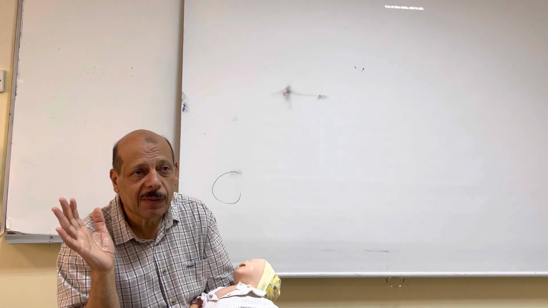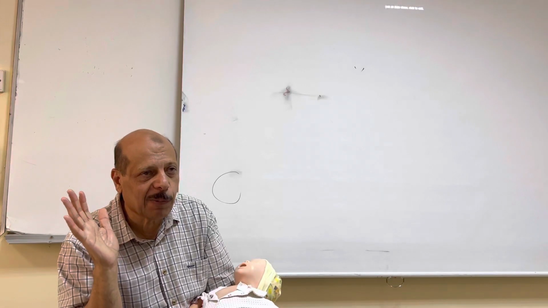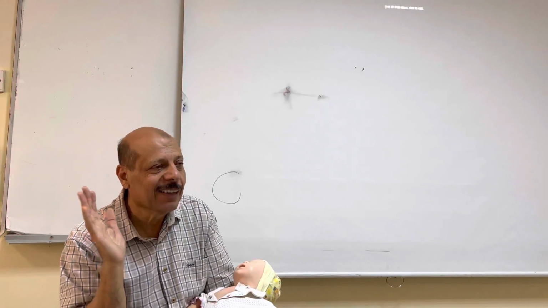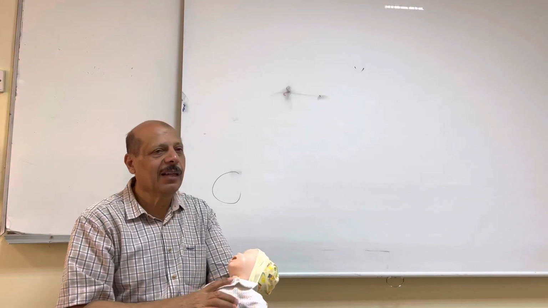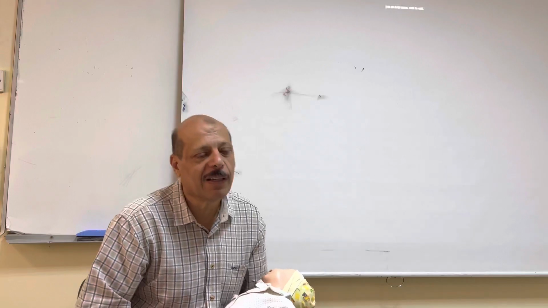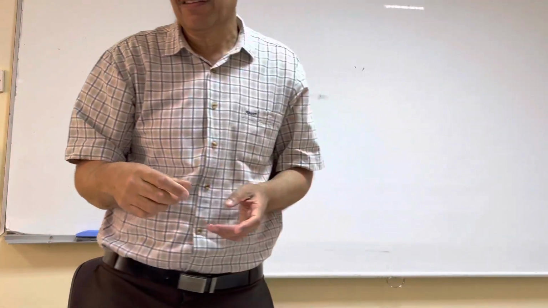Okay? Any question? No. You can do it by yourself now? Yes. So I will give you the doll, and each one of you will start the CPR for the child. Okay, thank you.